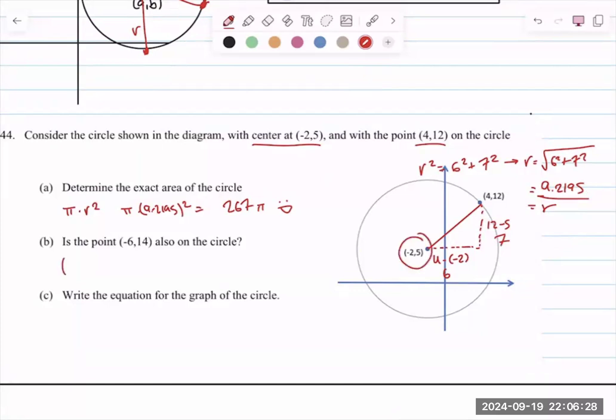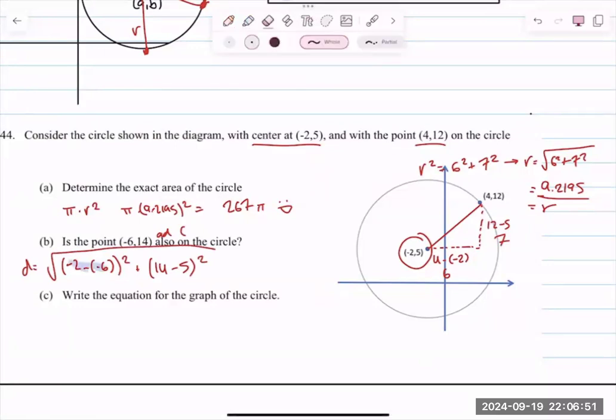So -2 minus -6, that would be our x distance. So square that. Plus our 14 minus our 5, right? This is our distance right here. Between -6, 14 and, oops, I've made a grave error. Let's change that.